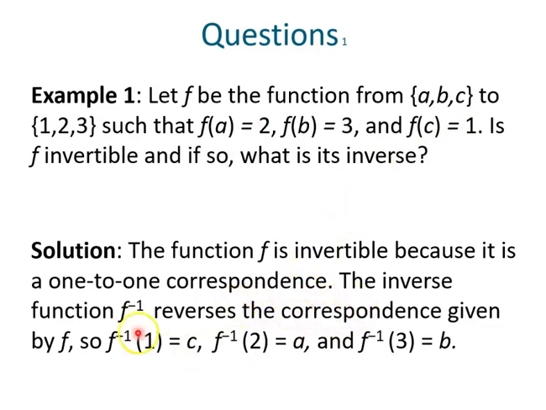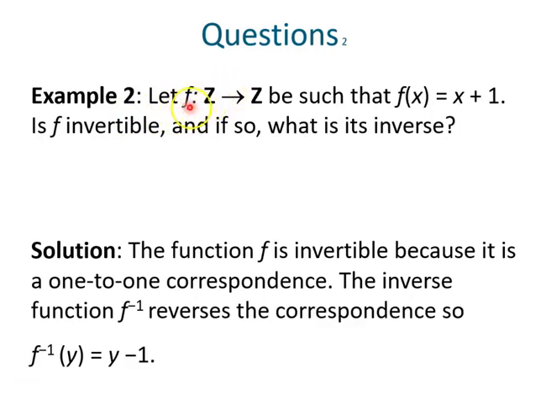Then f inverse of 1 is c, because f of c is 1. The inverse function of f at 2 is a, because f of a is 2, and the inverse function of f at 3 has value b, because f of b is 3.